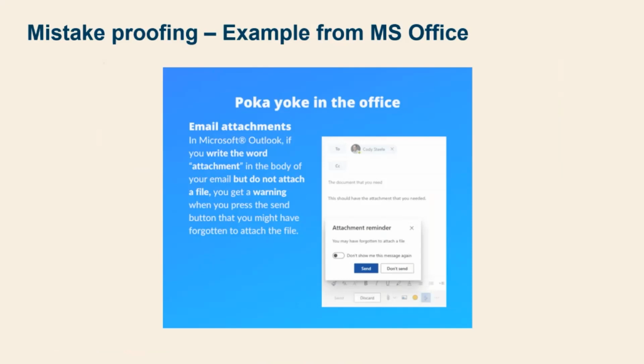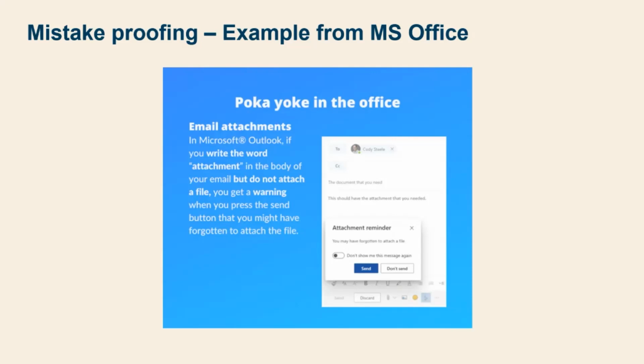And another example from your office, from the computer or the laptop. When you try to send an email to someone saying, please find attached document herewith, but if you forget to attach your document, Microsoft Office will give you a little box saying that you may have forgotten to attach a file.